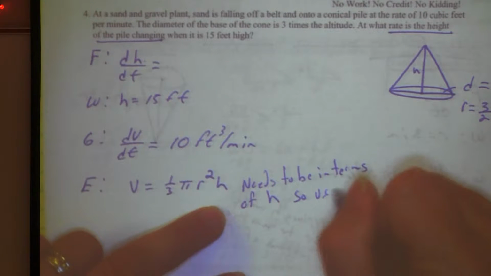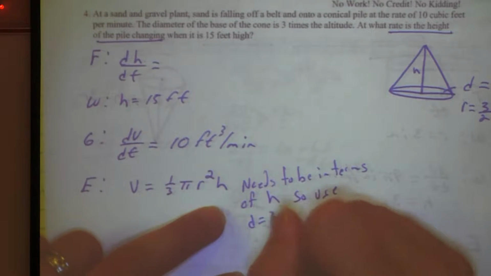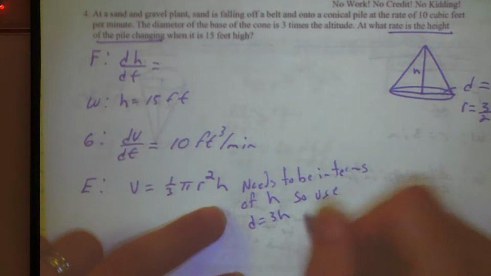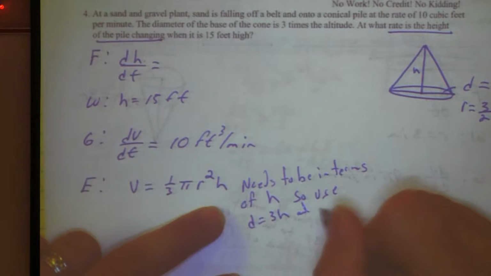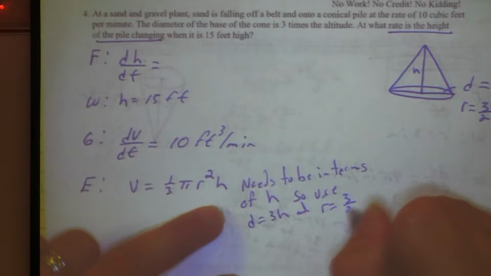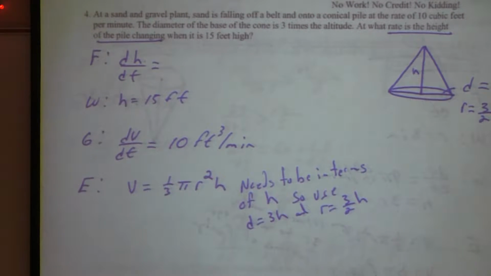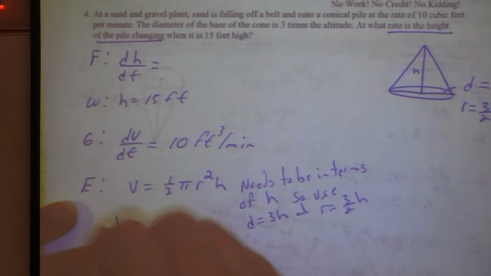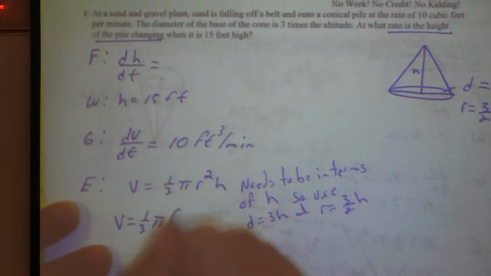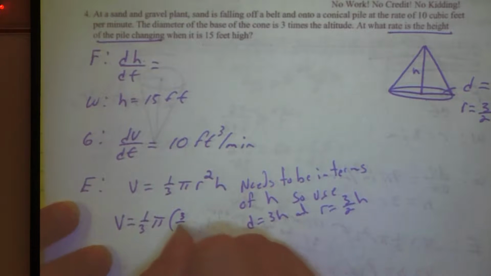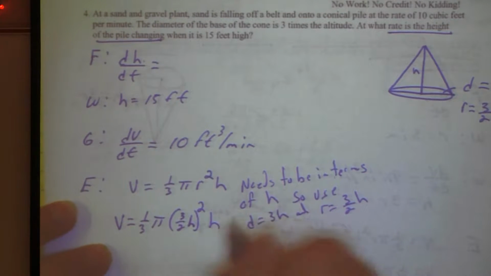So use d equals 3h and r equals 3 over 2h to solve it. Ready? So this is really going to be V equals 1/3 pi. What's the radius? 3 over 2h squared times h.